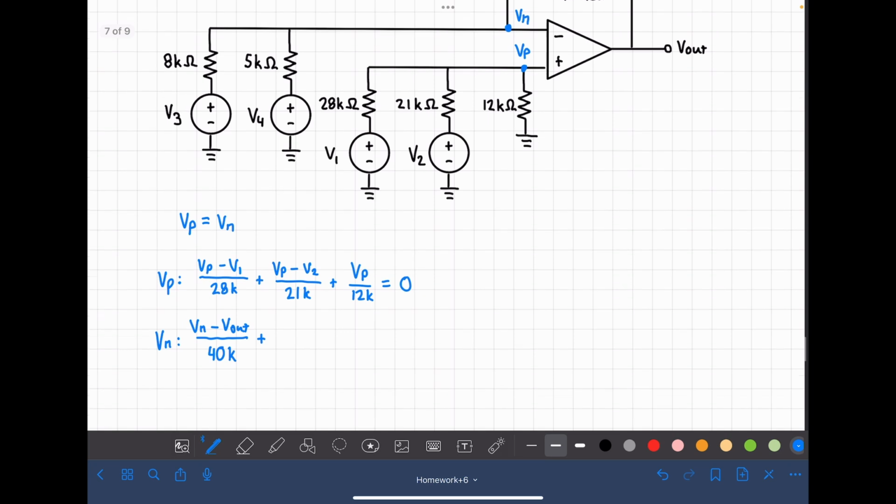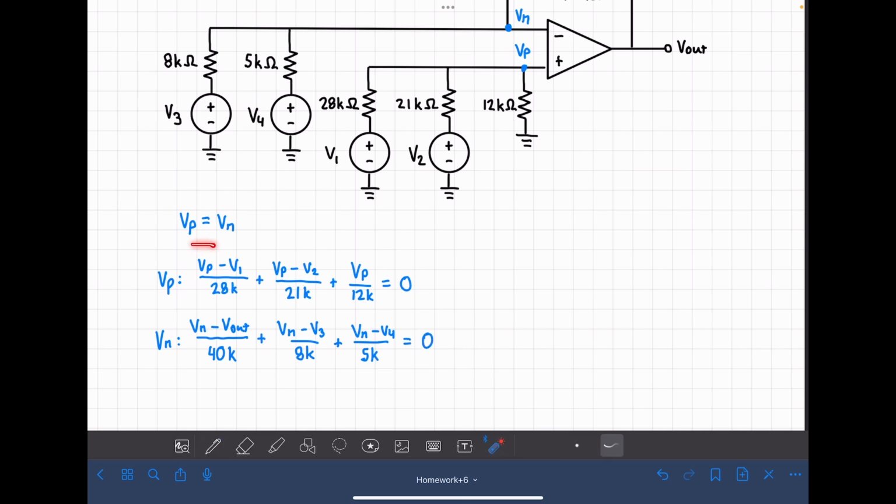Then we're going from Vin to V3 over an 8K resistor. And then finally to V4 over a 5K resistor. All that's equal to 0.